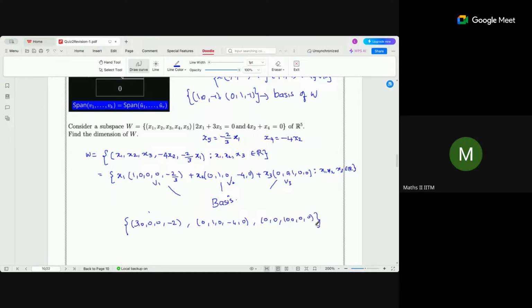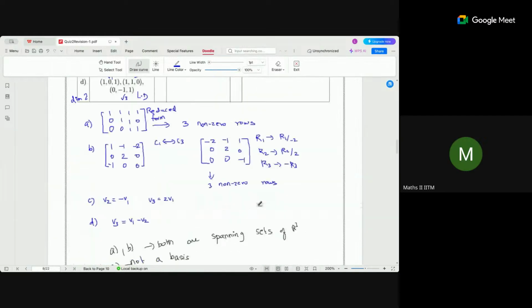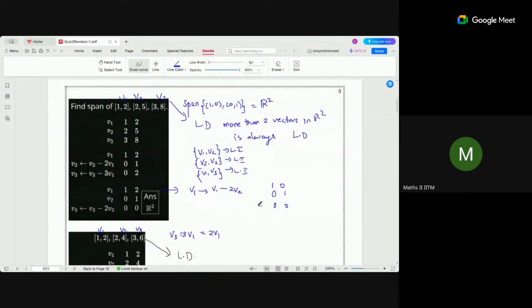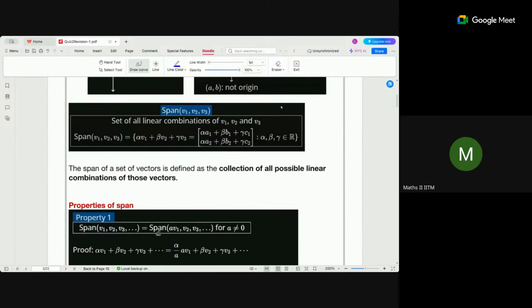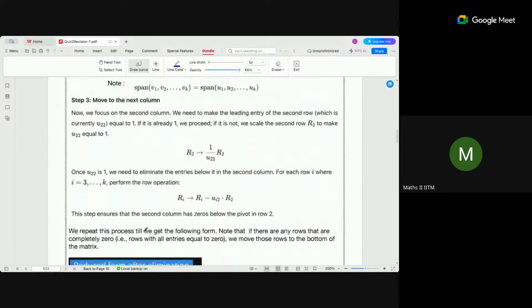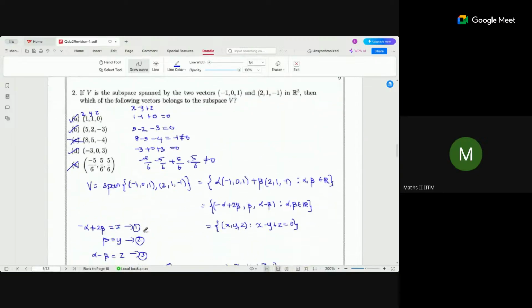Is this also a basis? Yes. If you take scalar multiples, for the first vector I have replaced it with 3v1, and here I have replaced it with 100v3. So this is also a basis, right? This is what we saw in the properties of span in the very beginning. Because of this property, this particular set which I have written is also a basis.